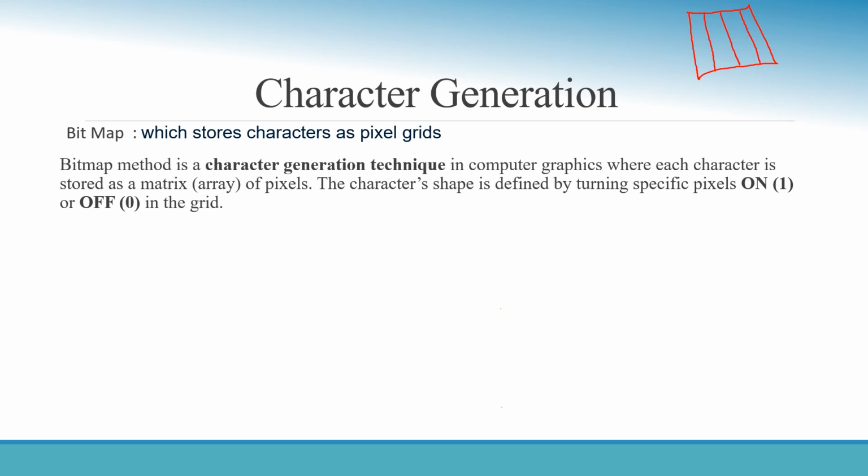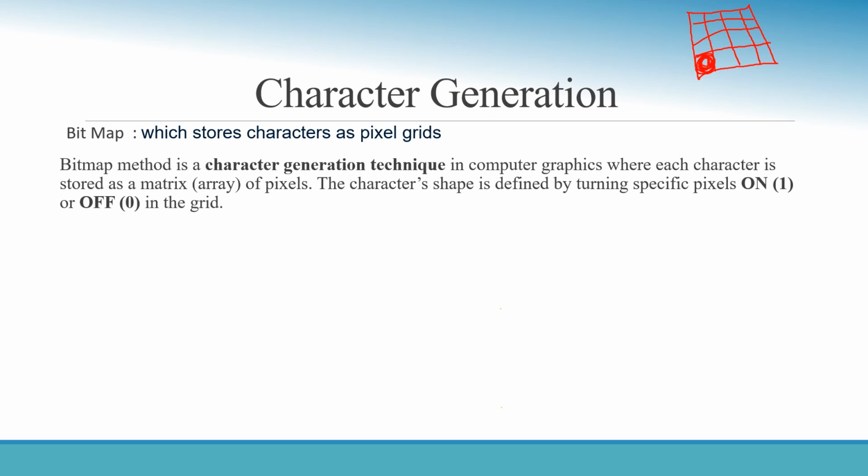A grid form is nothing but cells formed using rows and columns. This figure shows a grid form. Each box represents a cell. We highlight the cells corresponding to the character or numeral we want to display.